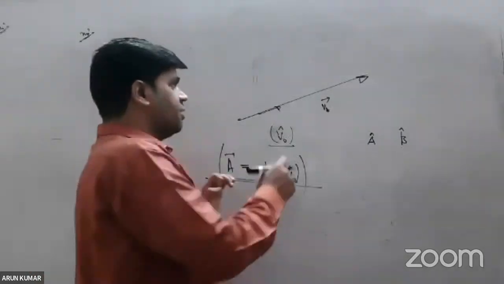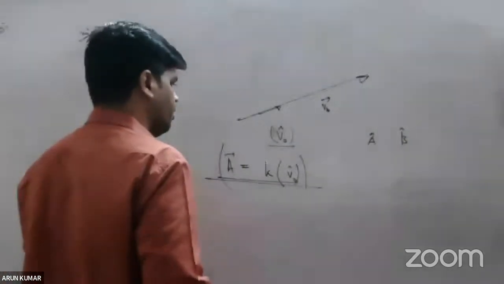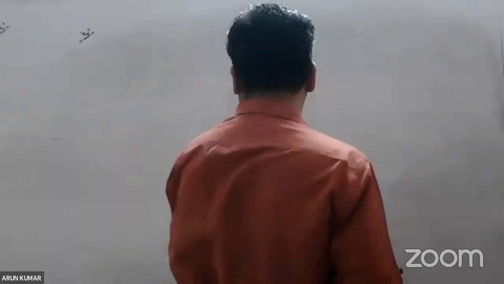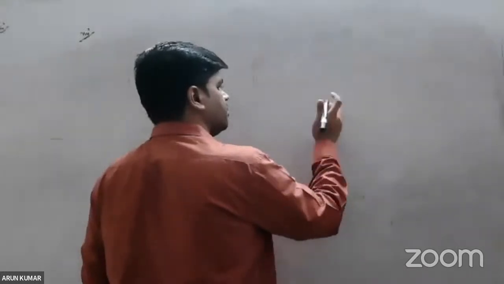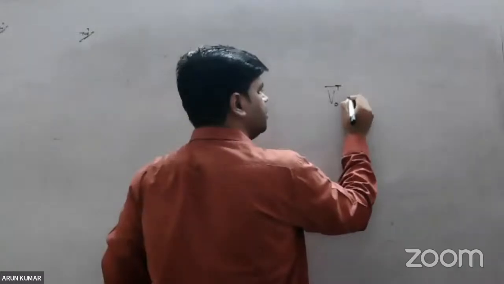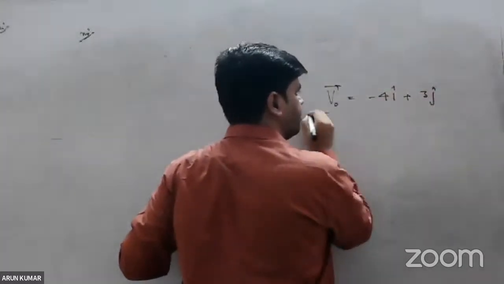Alright. Now let us say I've got a vector V naught bar equal to minus 4 I cap plus 3 j cap.